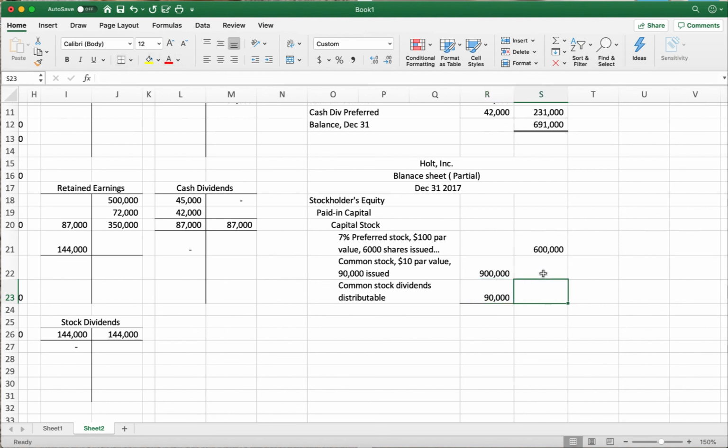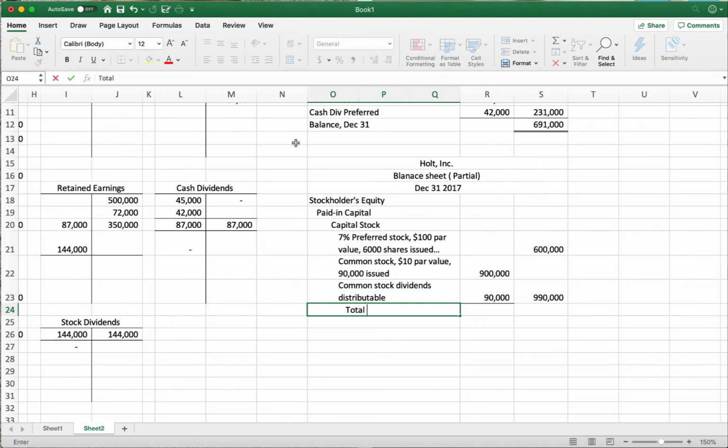So from here, what do we do? Well, we need to add all these up, right? We need to add up the value of our common stock, and we have 990,000. So now I can report what the total capital stock section is valued at. I'm going to indent 5: 1, 2, 3, 4, 5. And I'm going to say total capital stock.